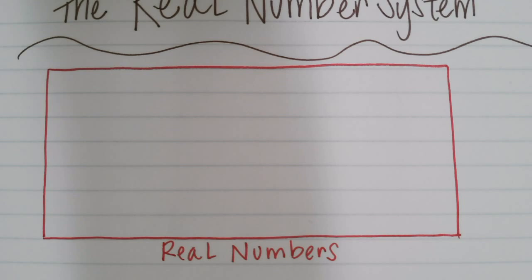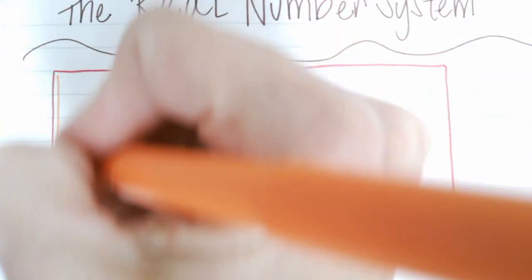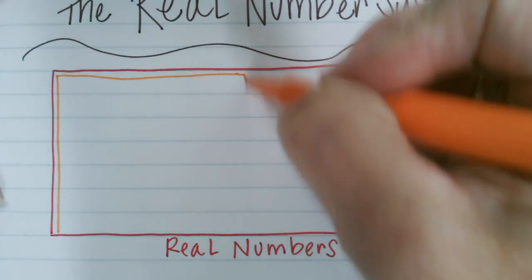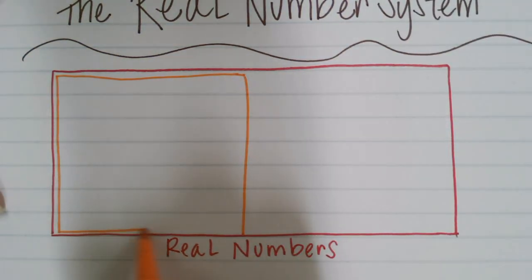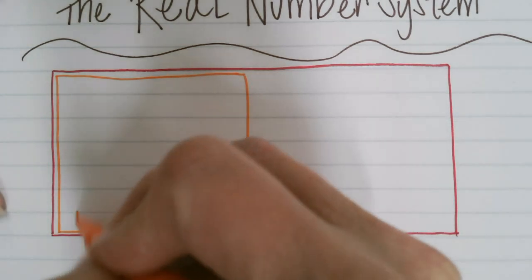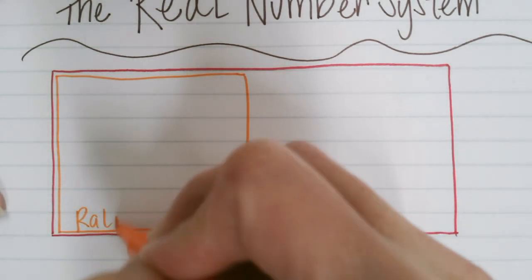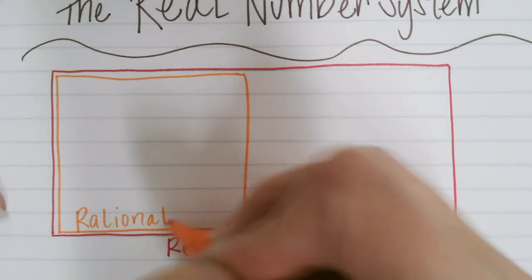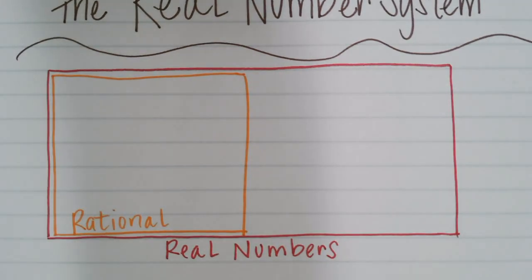All right, inside of the real number system, there are two different types of numbers. We're going to say about half of them are called rational numbers.